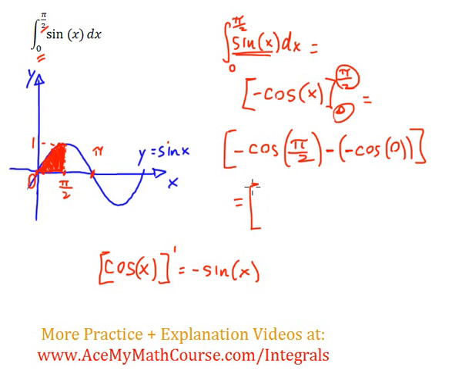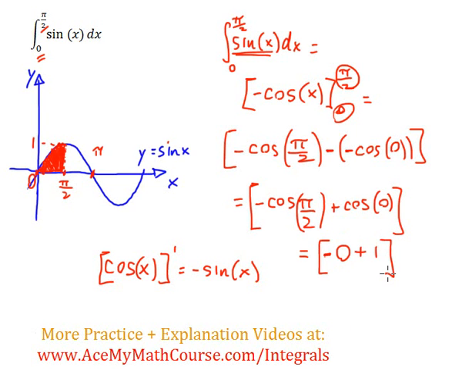Okay, so we have negative cos of pi over 2 plus cos of 0. Now, what is the negative cos of pi over 2? Cos pi over 2 is just 0. So we get negative 0 plus the cos of 0, which is 1. 0 plus 1 is just 1.